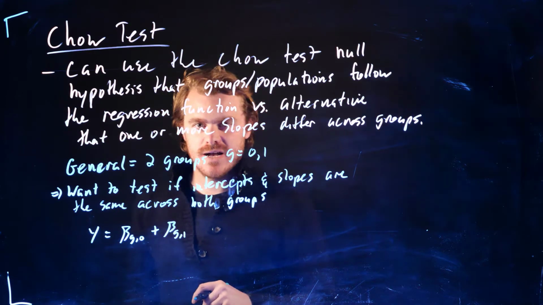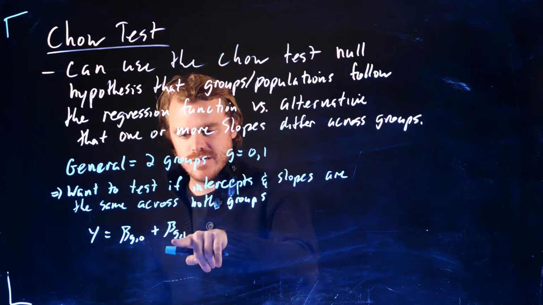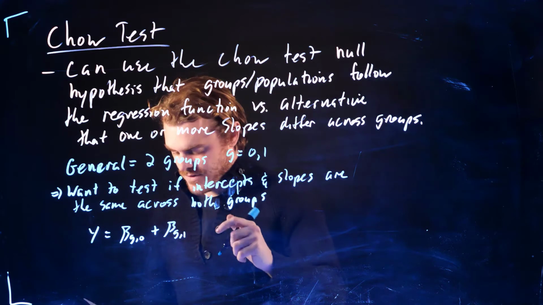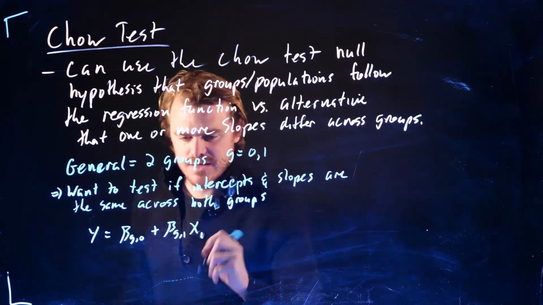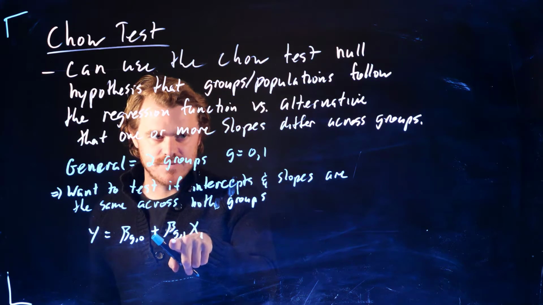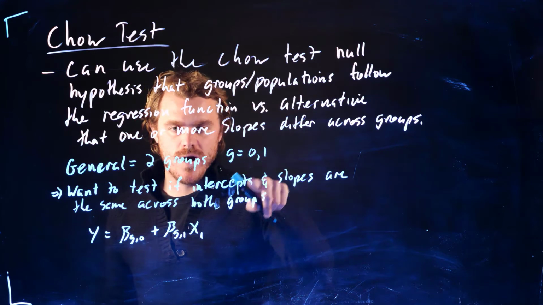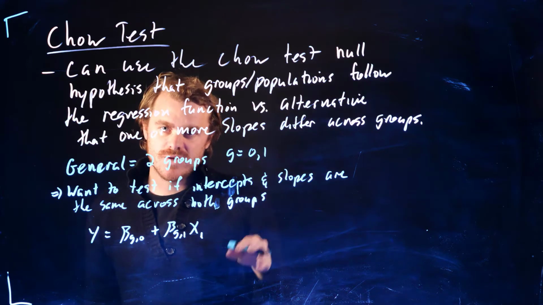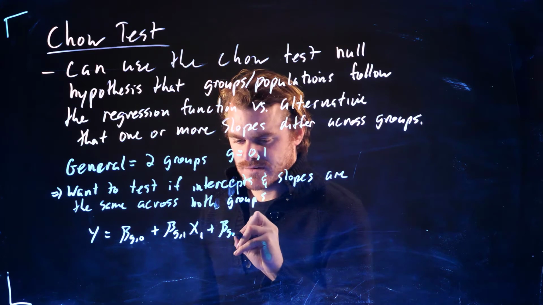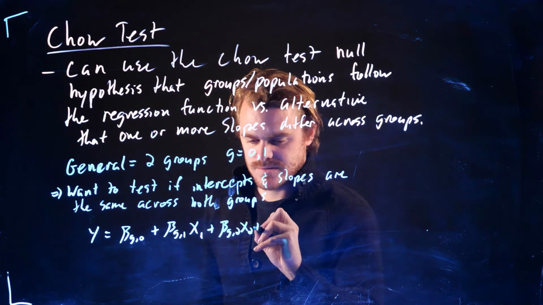Same with this first slope parameter, beta g1, with x1 here. Beta 1 can be different values for when group equals 0 or 1, so the slopes of these two different groups could differ. And we could do that for all these different variables.